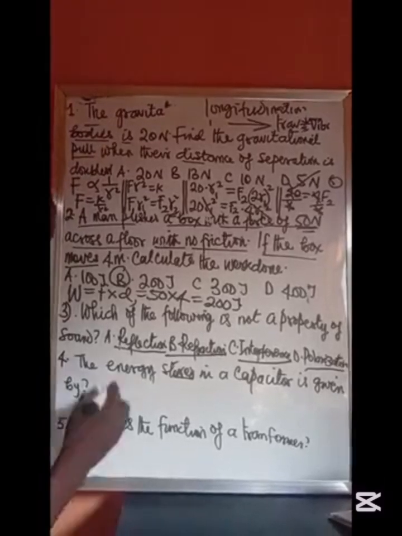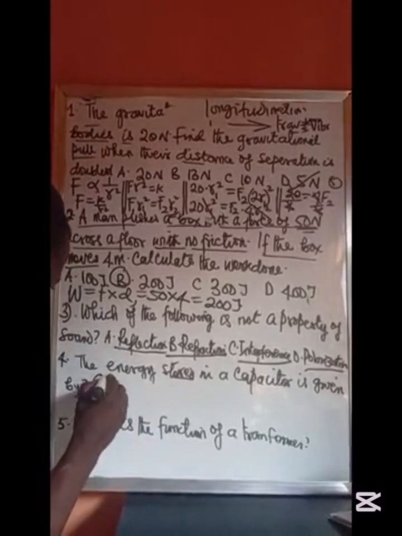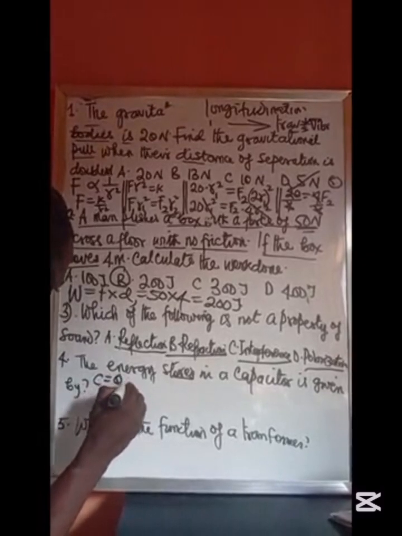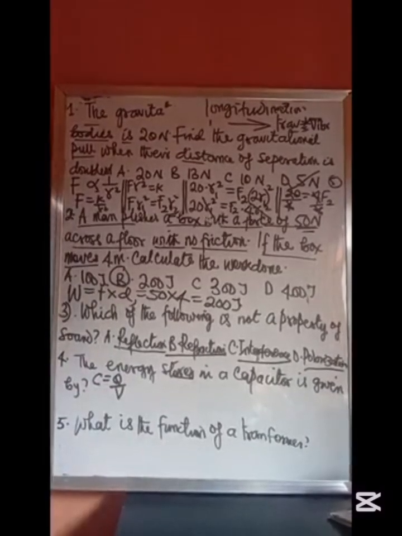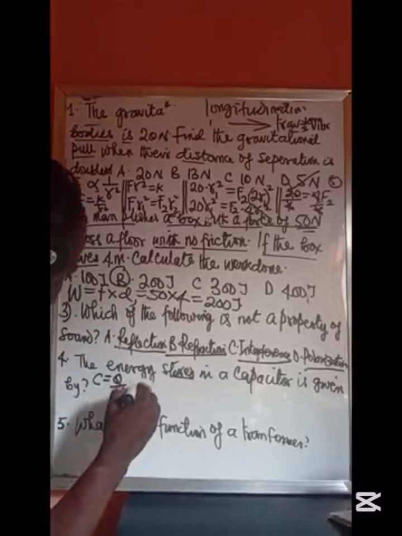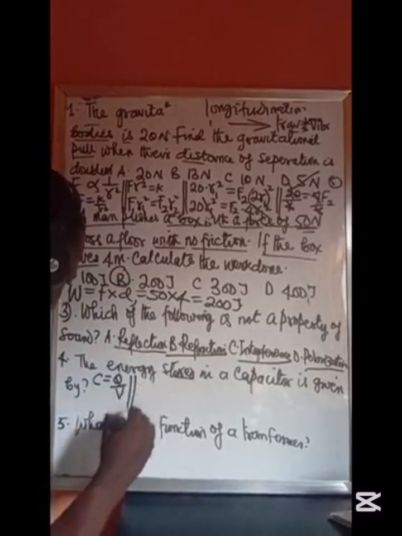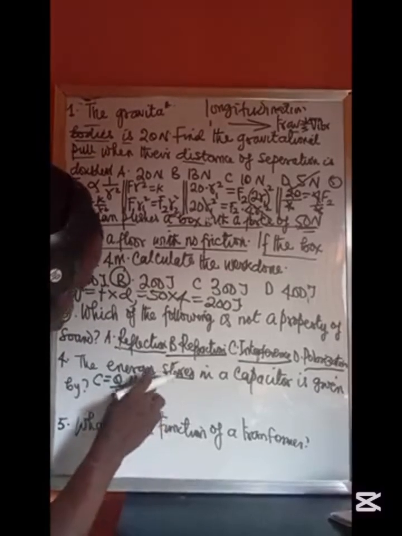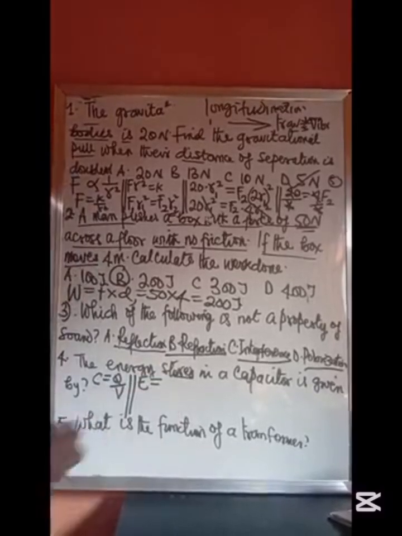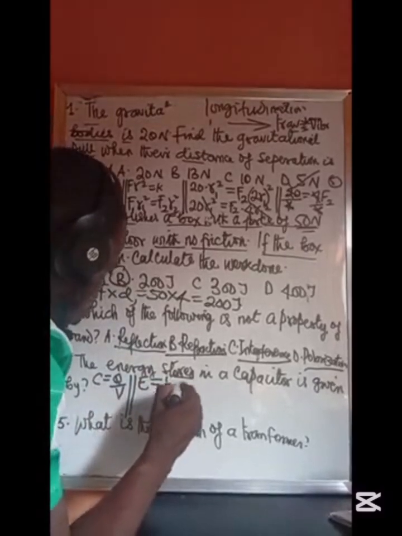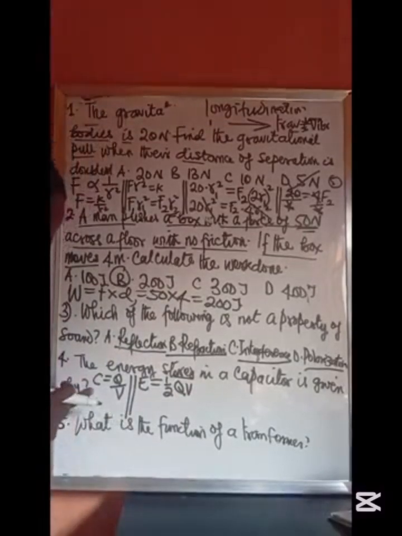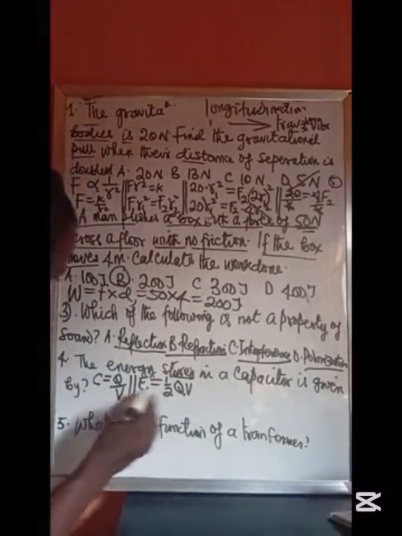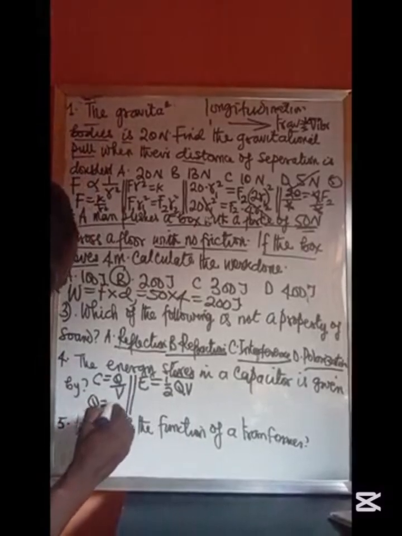So capacitance C is given as charge Q per potential difference V. And the energy E stored in a capacitor is given by E equals 1 over 2 QV. But from here, we know that Q is equal to CV.